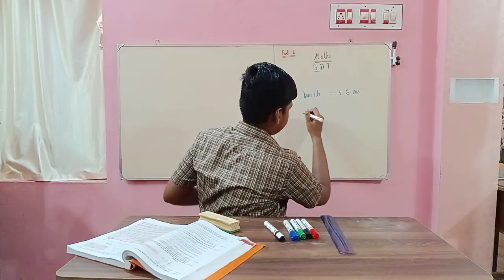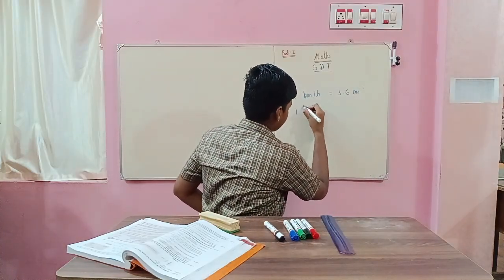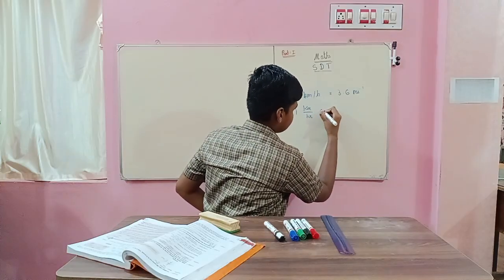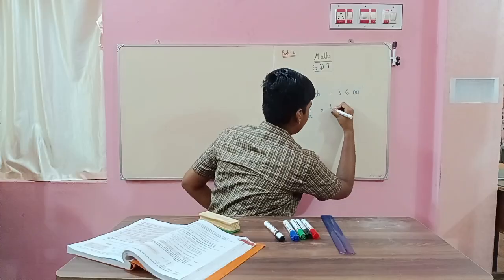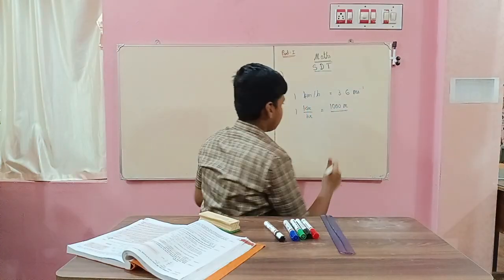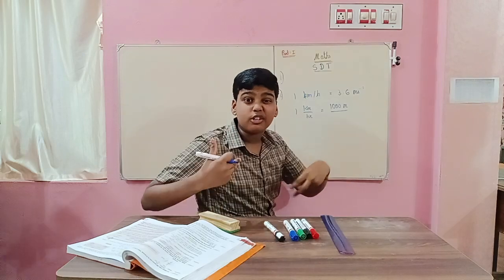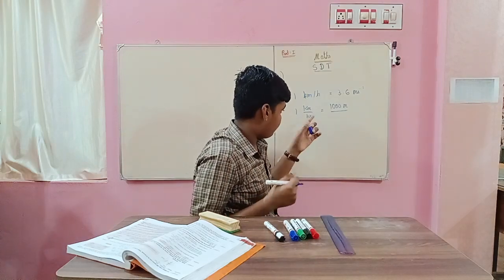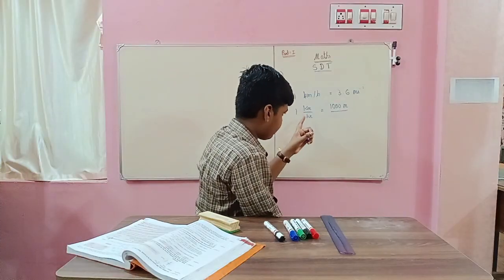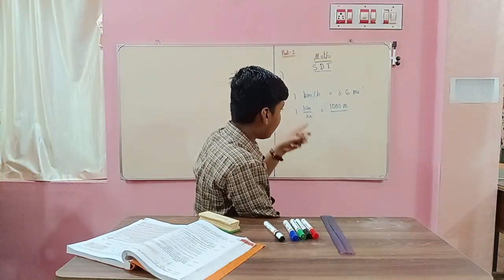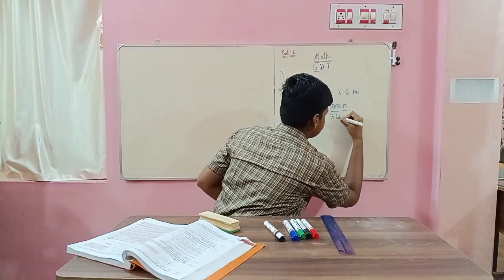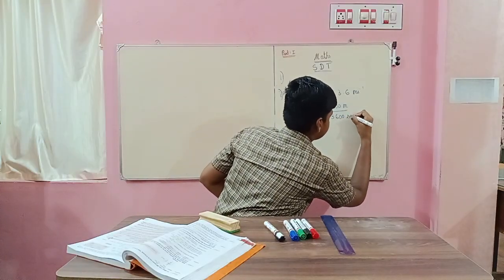So here is how it comes. 1 km per hour is equal to 1000 meters, and 1 hour is equal to 60 minutes, but here we are going to convert the hour into seconds, so it becomes 3600 seconds.